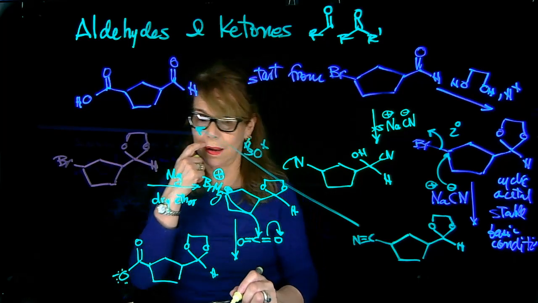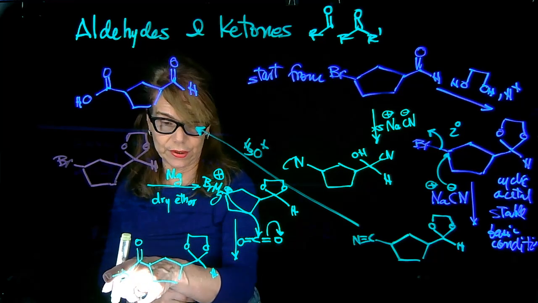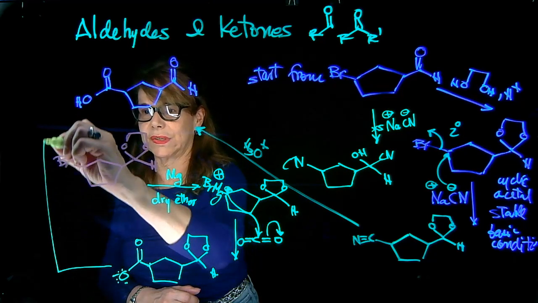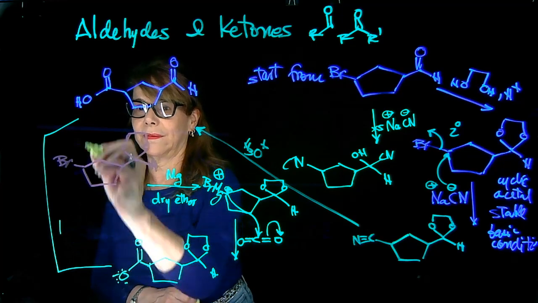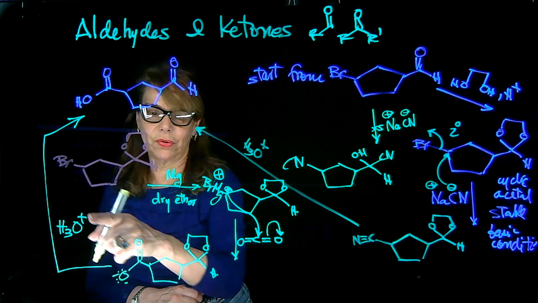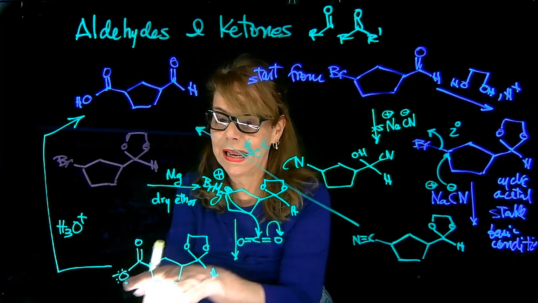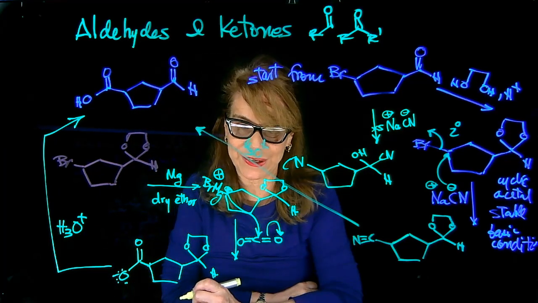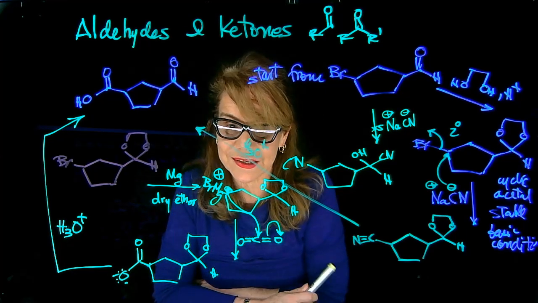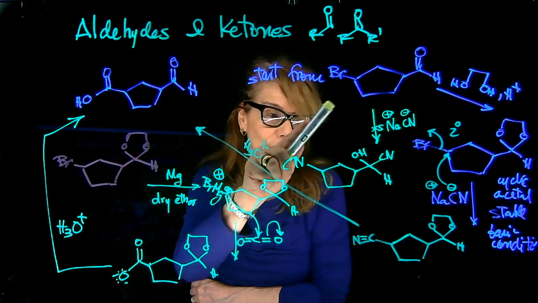And in one step, I can protonate that and do the acetal hydrolysis, so acidic conditions. And I'm gonna add, say, H3O plus, so protonate this, and hydrolyze the acetal back to the aldehyde. So here we have two paths that we can use to synthesize this molecule from this one here.